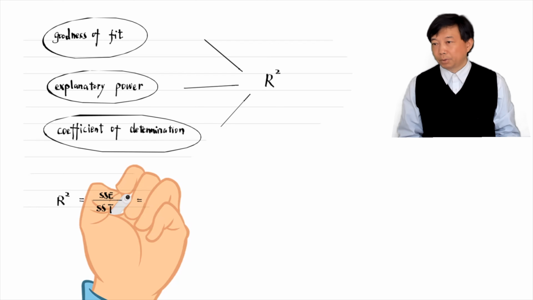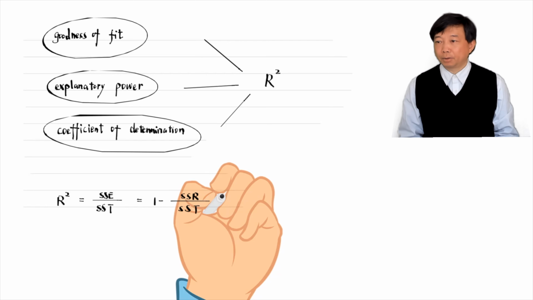Since the total sum of squares, SST, equals the explained sum of squares, SSE, plus the residual sum of squares, SSR, we can write R-squared as 1 minus the residual sum of squares divided by the total sum of squares.